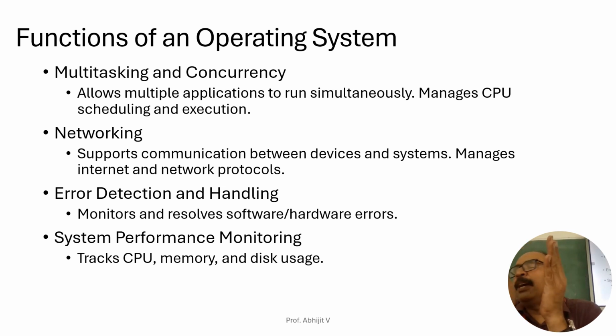Concurrency means using at the same particular point of time. So this allows multiple applications to run simultaneously, and manages your CPU scheduling and execution. So that is the multitasking point.